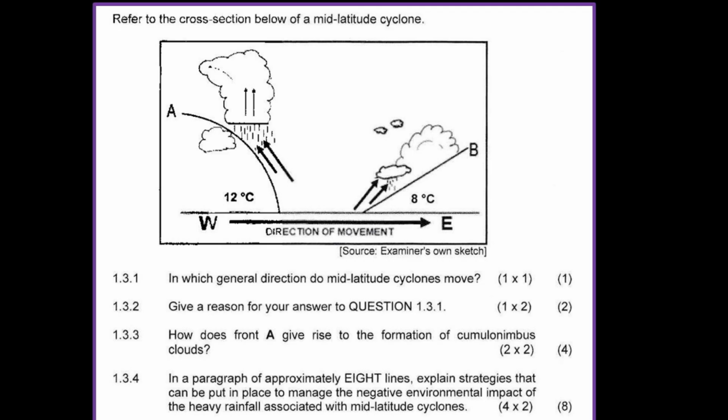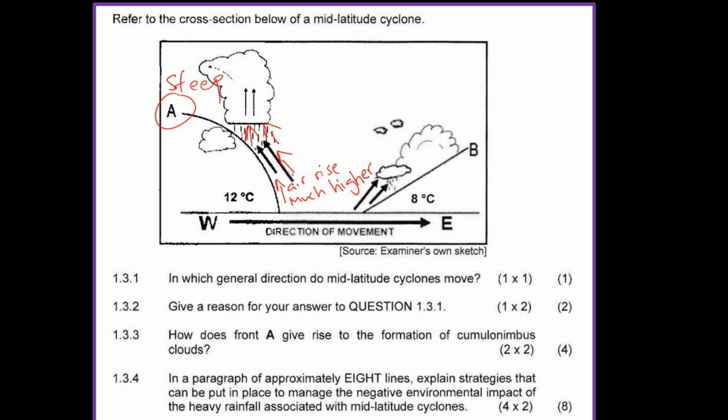Question 1.3.3. How does front A give rise to the formation of cumulonimbus clouds? 4 marks. If you check on the diagram, front A is a cold front, and it is very steep. This steepness will help the warm air in the warm sector to lift very high.